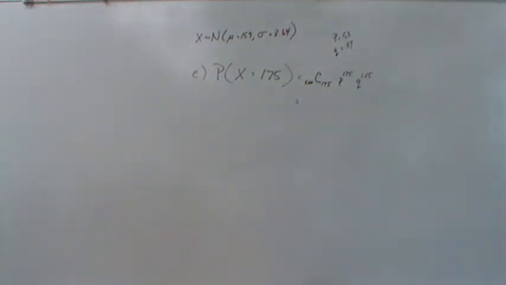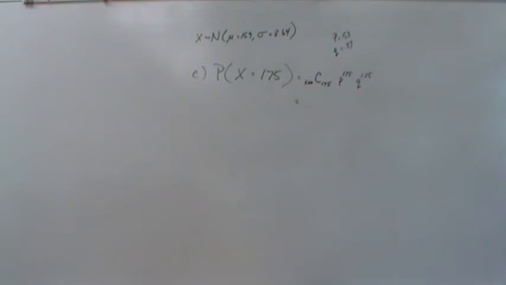So I do 300 choose 175, and I times that by 0.53 raised to the 175th power, and then times that by 0.47 raised to the 125th power.